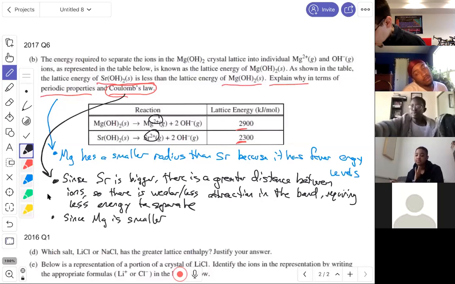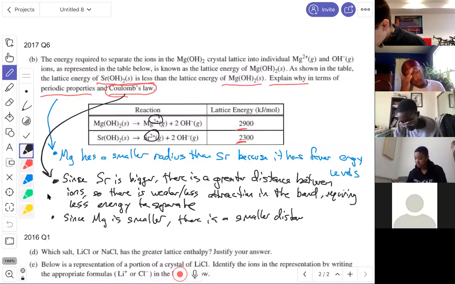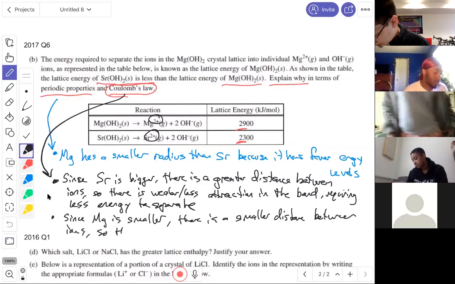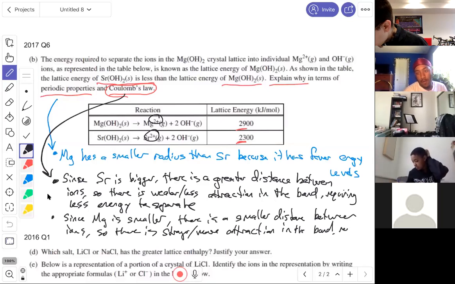Yes, since magnesium is smaller, there is a smaller distance between ions. So there is stronger or more attraction in the bond, requiring more energy to separate.